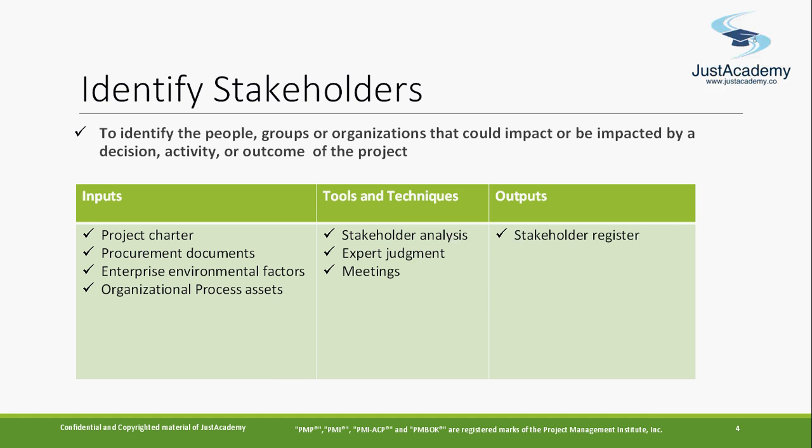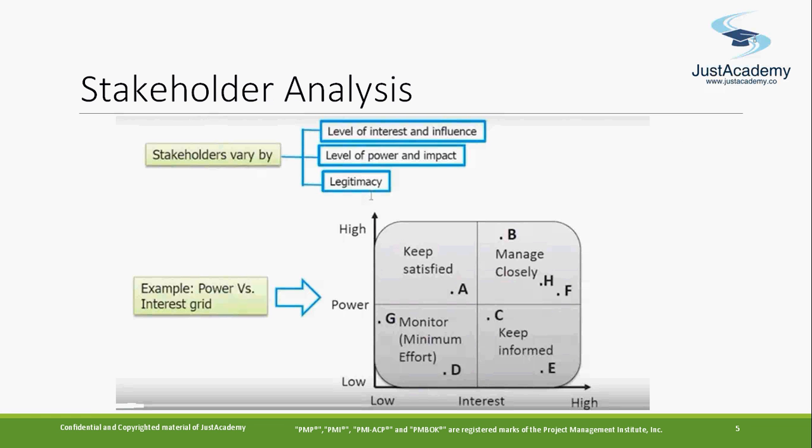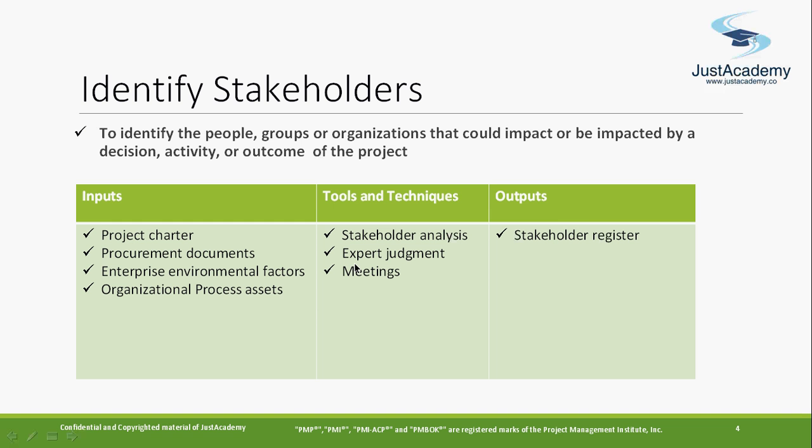Now the tools and techniques will be stakeholder analysis. We're going to take one matrix and talk about how stakeholder analysis works here. Then expert judgment, where you take the subject matter expert's opinion, and in the end you're going to have a stakeholder register. This will have a list of the stakeholders in your project. And this is at initiation.